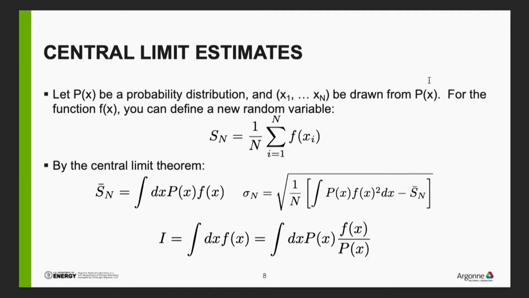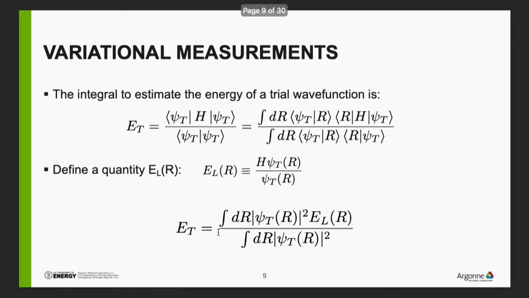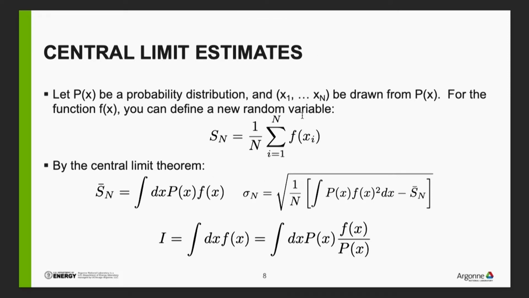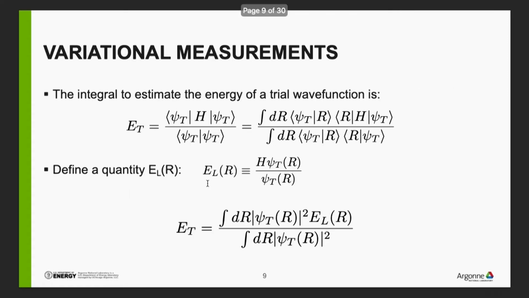So if you draw your x samples from your probability distribution p, then the value of this integral can be computed just by summing. So it's basically this summation on the top.